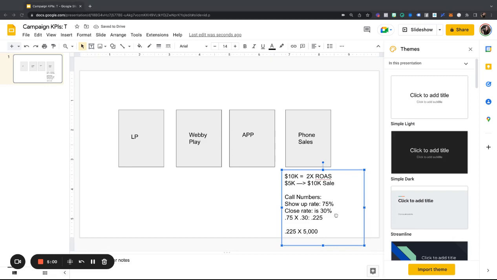0.225 times 5,000. So as long as we are paying $1,125, that should work out, okay?